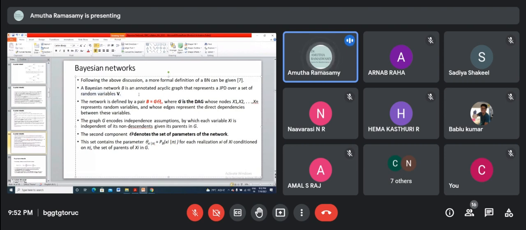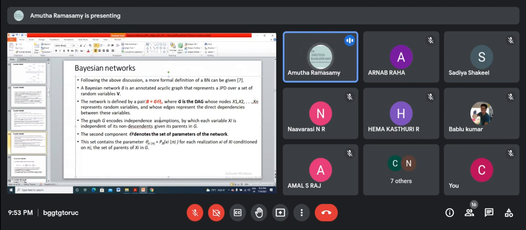What are those random variables? That is n number of your data. So this Bayesian network we are going to make with graph theory and with a set of parameters which are highly independent in nature.